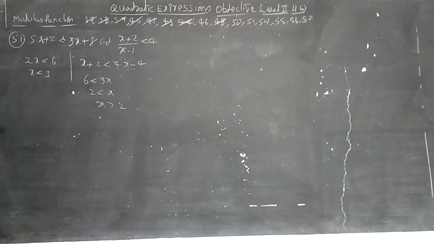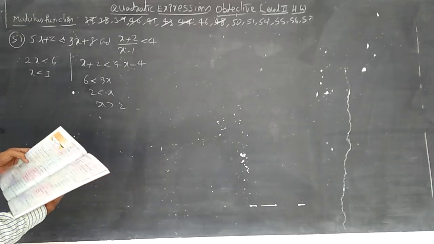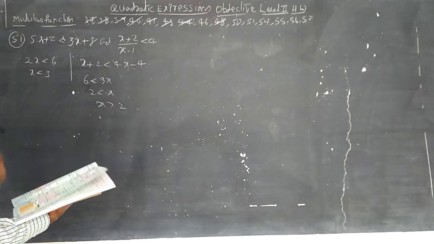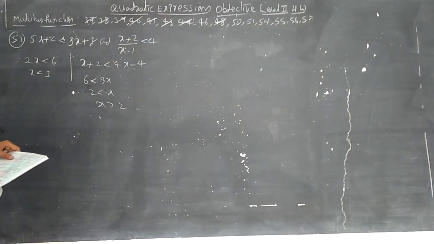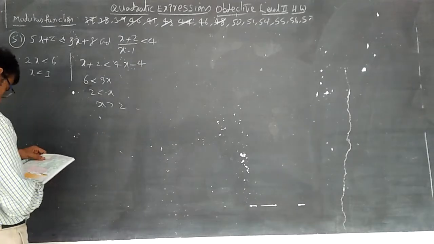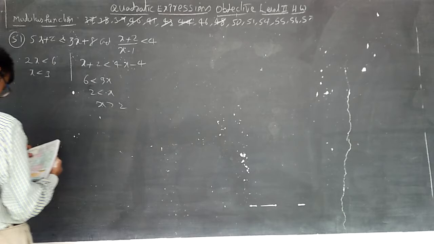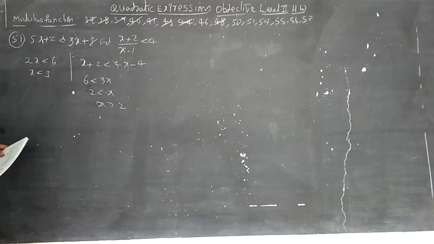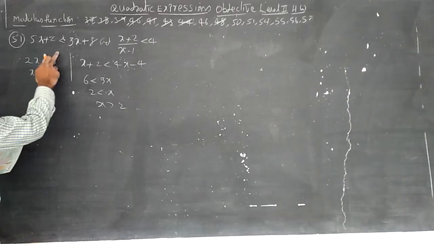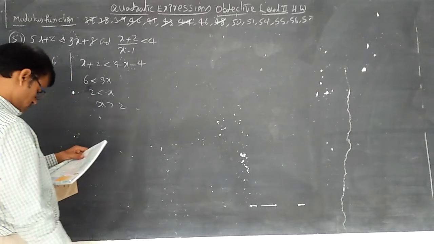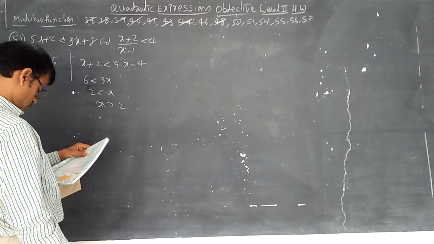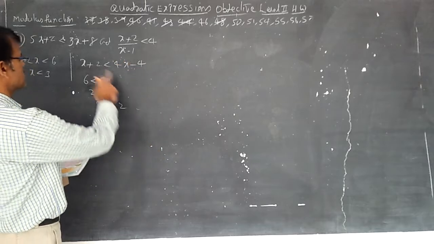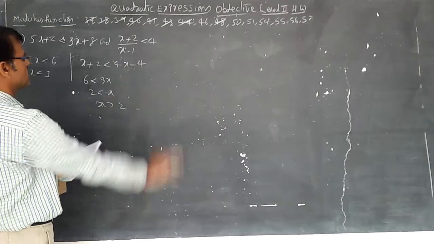So 2 comma 3. 51, the given second option. Okay, another case is also there. x greater than 2, we got 2 comma 3, the first option or second option. 5x plus 2 less than 3x plus 8 is correct, and x plus 2 less than 4x minus 4, everything is okay.